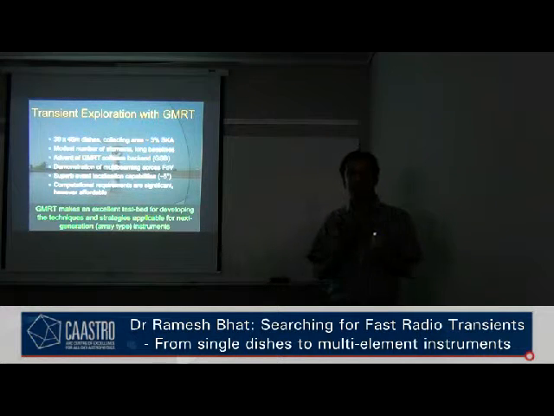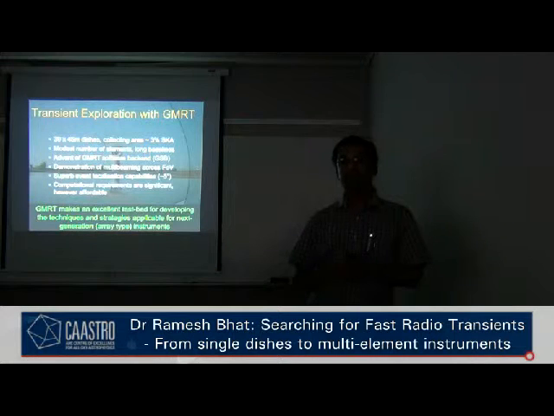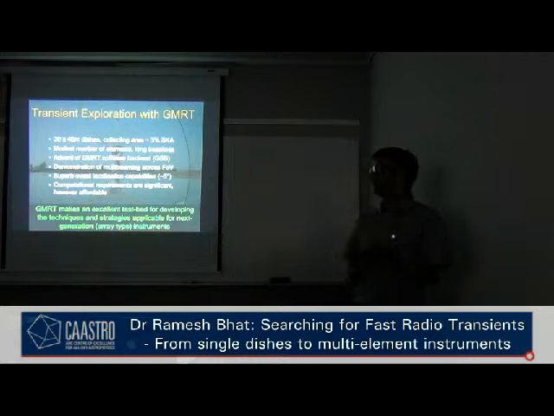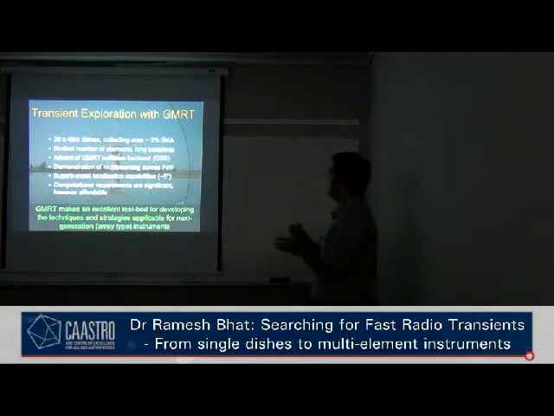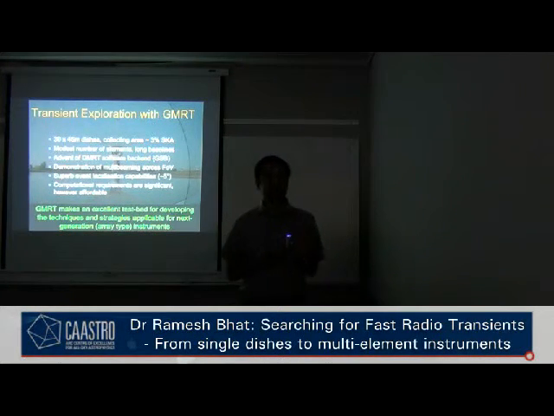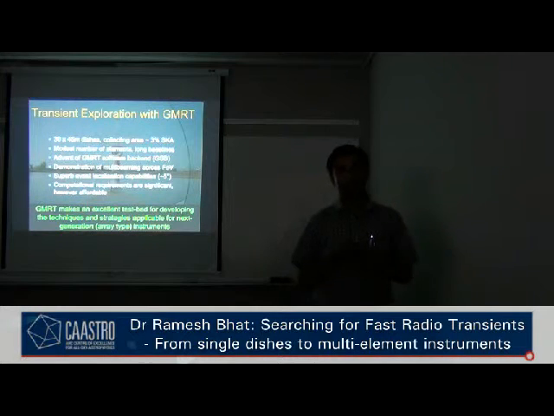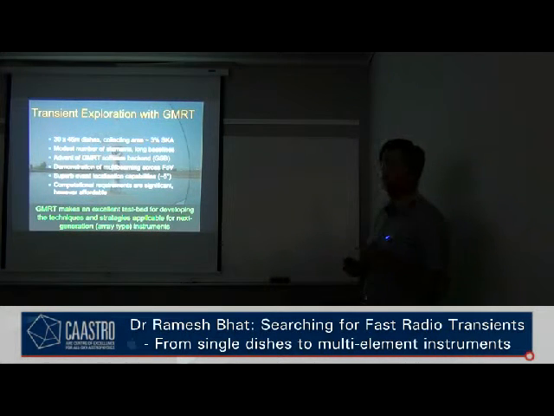And it has a lot of flexibility in the way you want to configure. There are very flexible subarraying capabilities that you can play with. So the combination of these makes it a very good platform for developing and testing some of the new methodologies that you will need for next generation instruments.